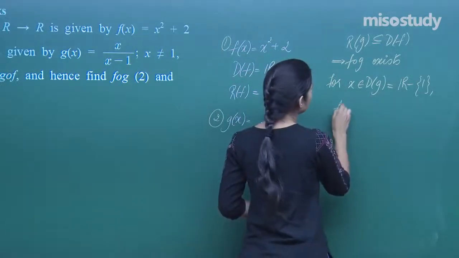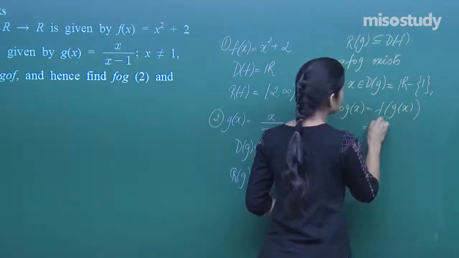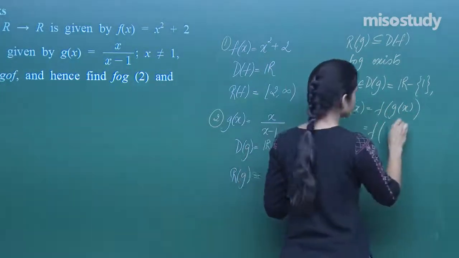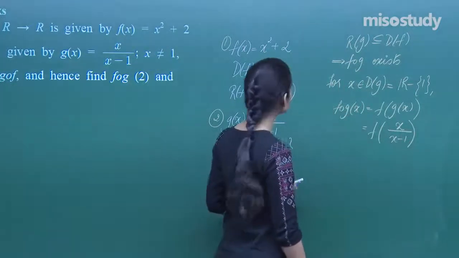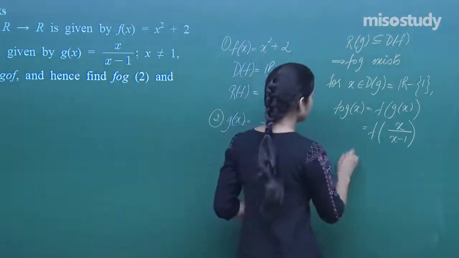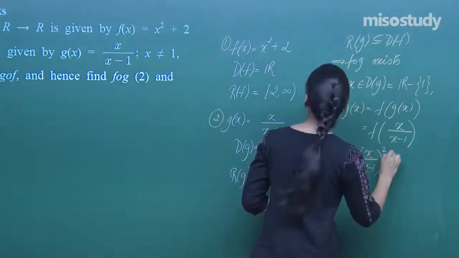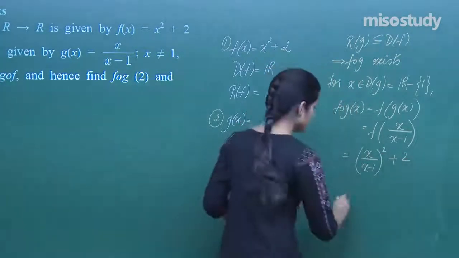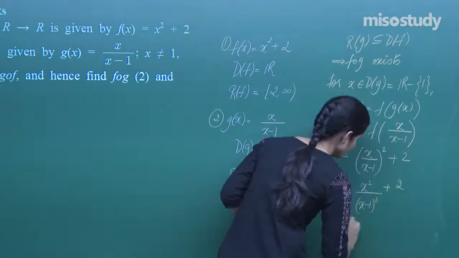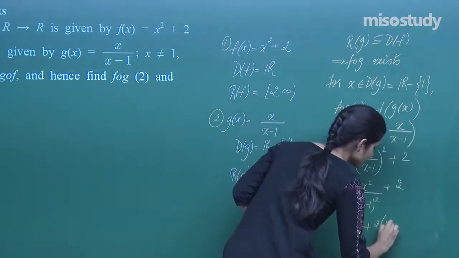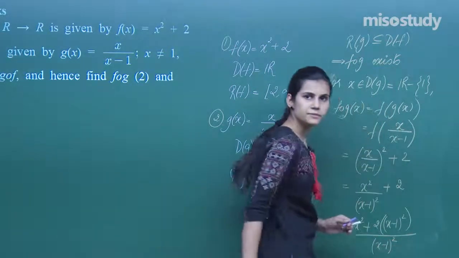For x belonging here, fog of x is f of g of x, where g of x is x upon x minus 1. When you put it over here, f of g of x means x upon x minus 1 whole square plus 2. This gives you x square upon x minus 1 whole square plus 2, which gives me x square plus 2 times x minus 1 whole square, whole upon x minus 1 whole square.